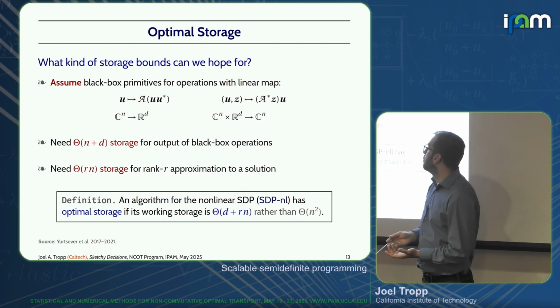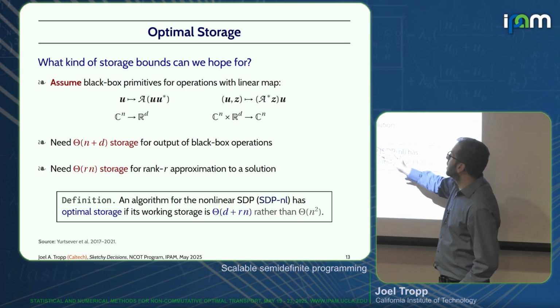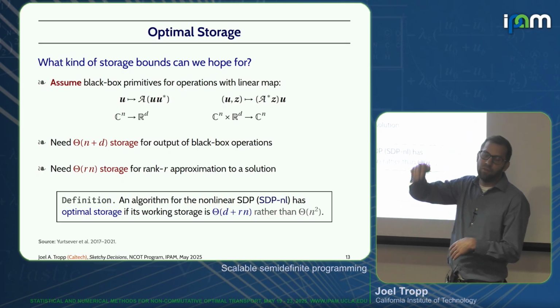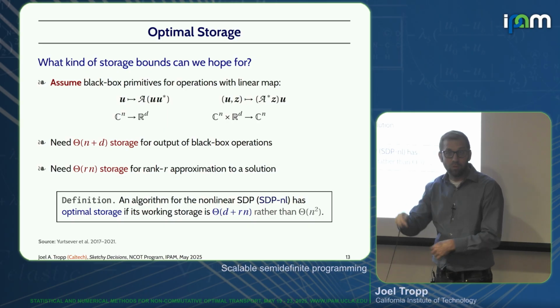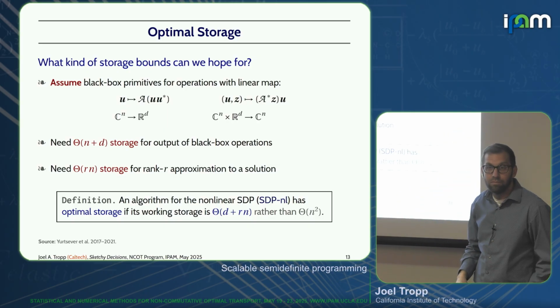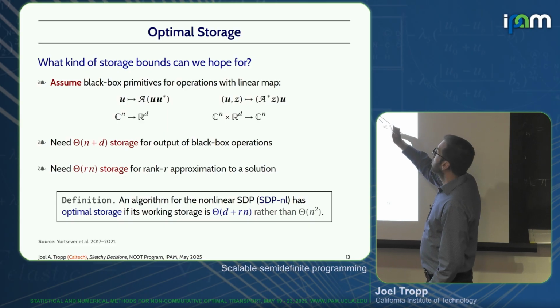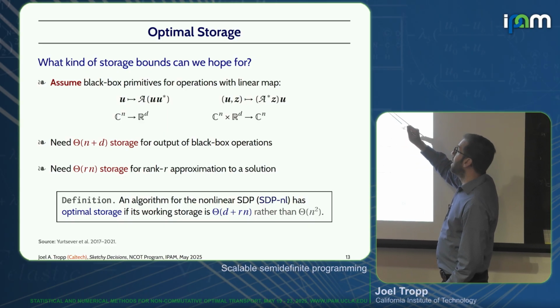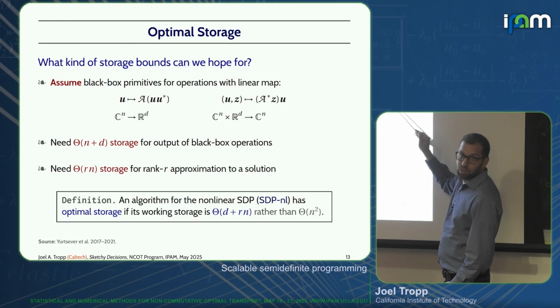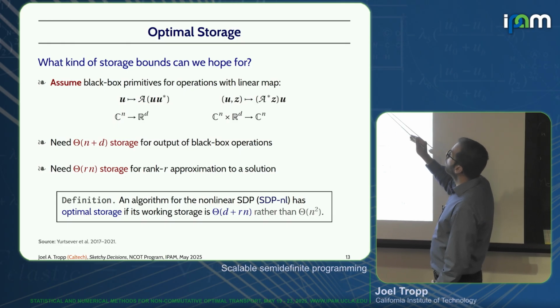This is like, in the Fourier ptychography example, taking measurements of some particular sample. Second, we're going to assume that we can apply the adjoint of the linear map A to a vector z and multiply the resulting matrix by a vector u. What does that mean?